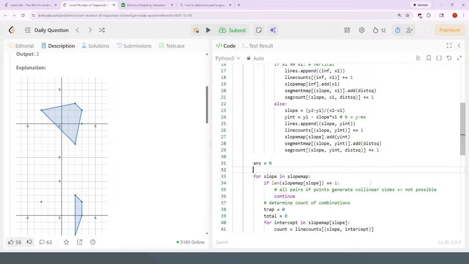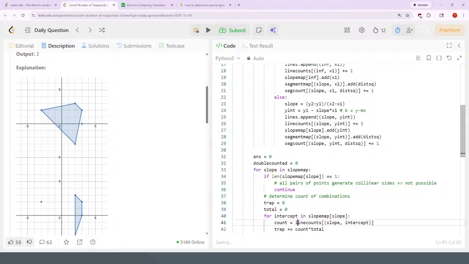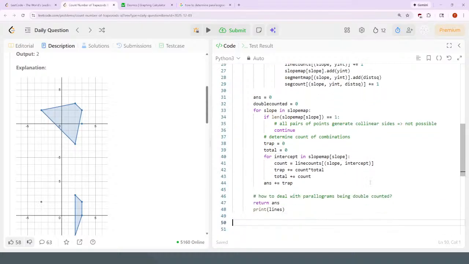Okay, and then I can do something like double counted. And then I just need to determine when it's double counting.